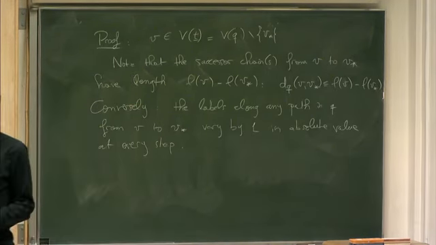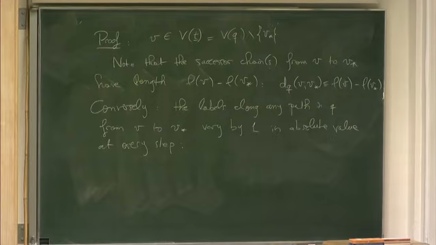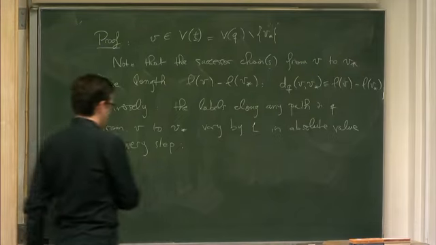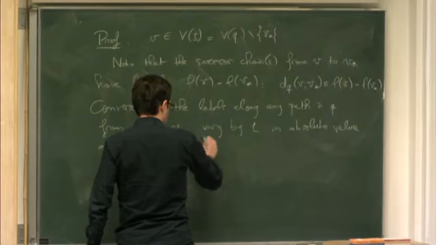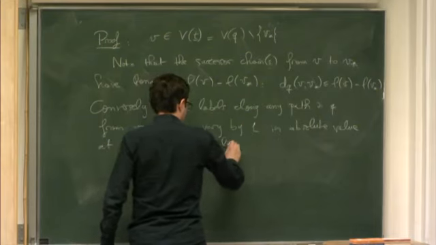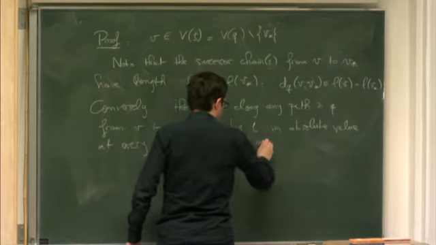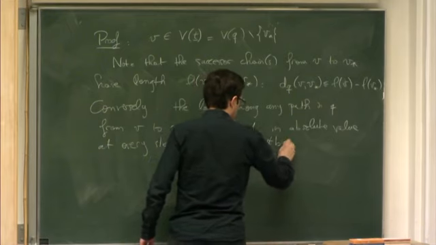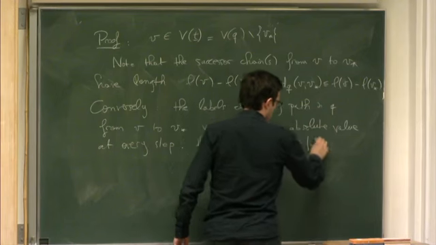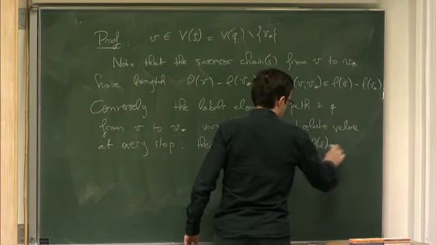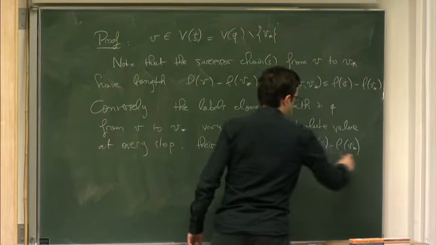And so necessarily, if you want to go from a vertex with label l to a vertex of label l prime, you need at least absolute value of l minus l prime steps. So the length must be bigger than l of v minus l of v star.